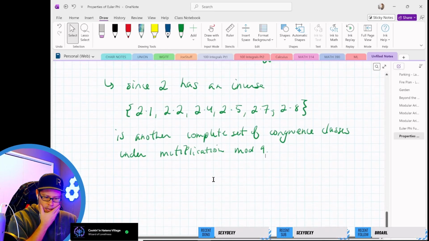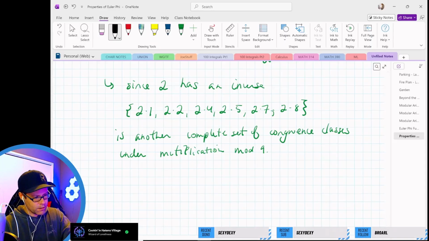So if this is another complete set of congruence classes, then that gives us the following.